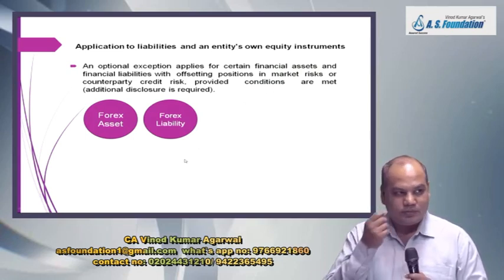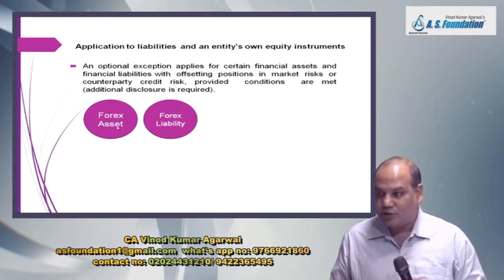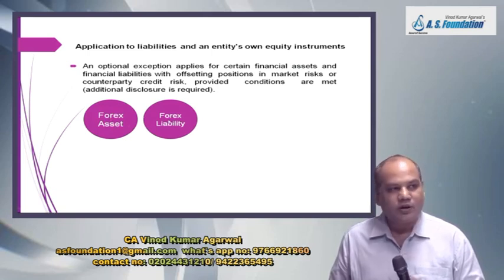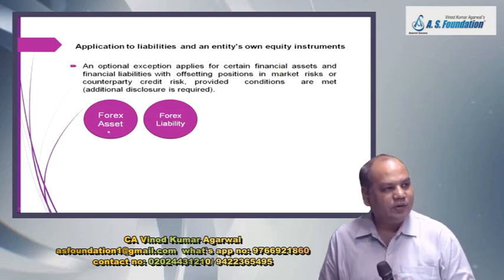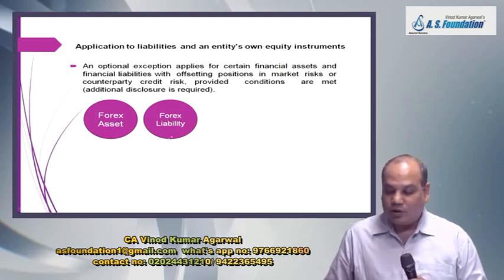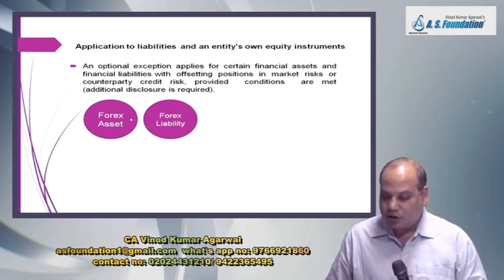conditions are met. Like for example, we have a foreign currency asset, and to protect this risk we have created a foreign currency liability. So I have a receivable in foreign currency and I have a foreign currency liability also. Now my foreign exchange risk is managed like this.